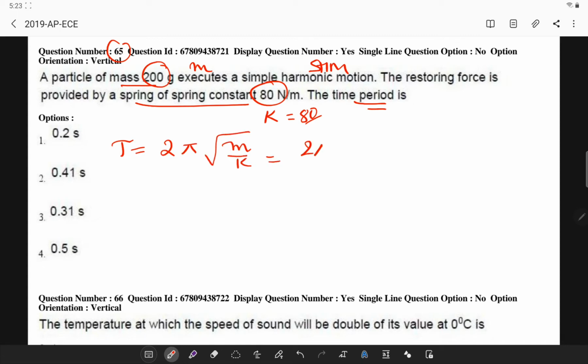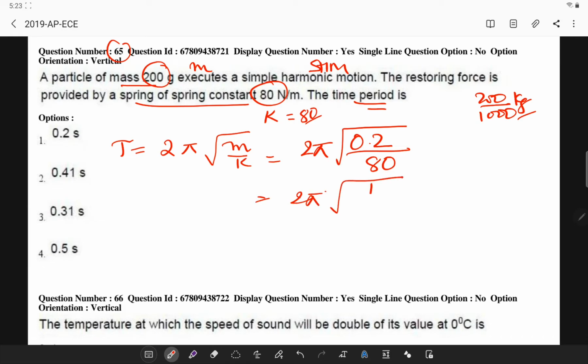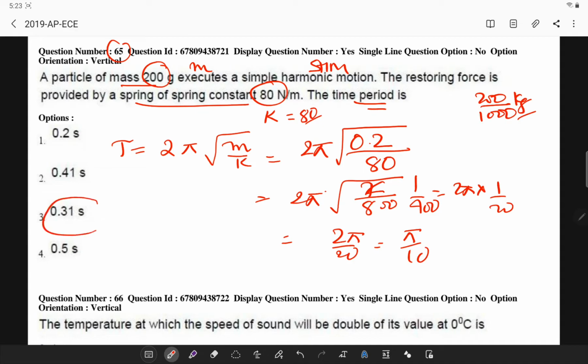If I substitute this, 2 pi into root m is 0.2, because 200 grams is to be converted into kgs, divided by 80 is 2 pi into root 2 by 800 or 1 by 400 is 2 pi into 1 by 20 or 2 pi by 20 or pi by 10, or I can write it as directly 0.31 seconds.